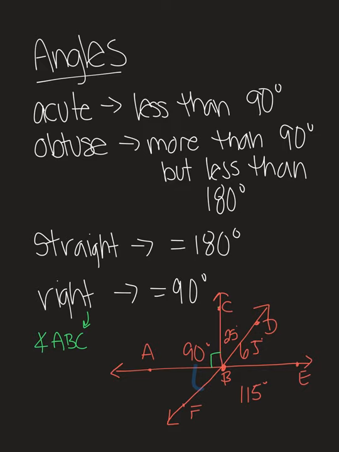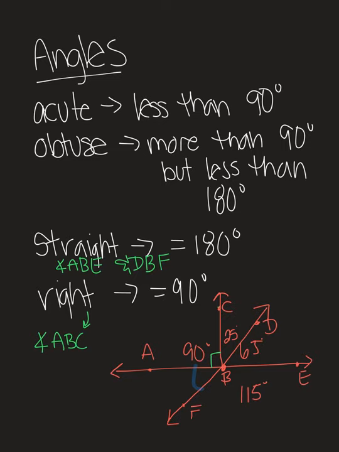Let's take a look at a straight angle. So if I have a straight angle, that is ones that are straight lines and equal 180 degrees. So I have angle ABE and angle DBF.